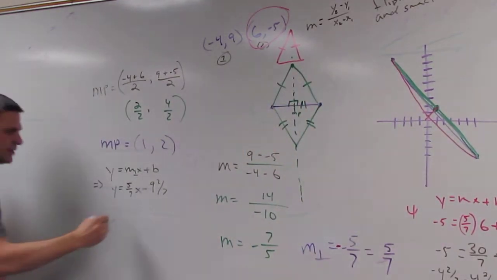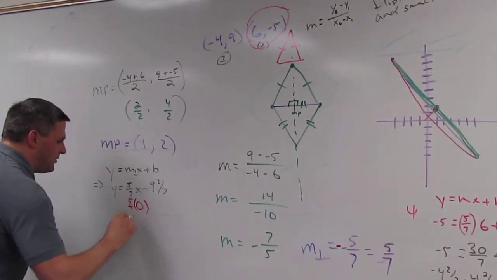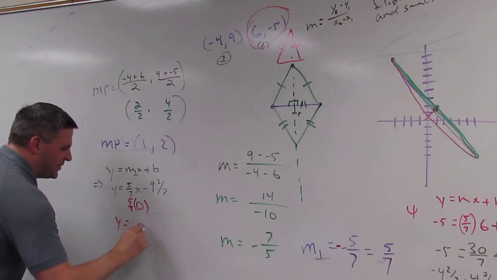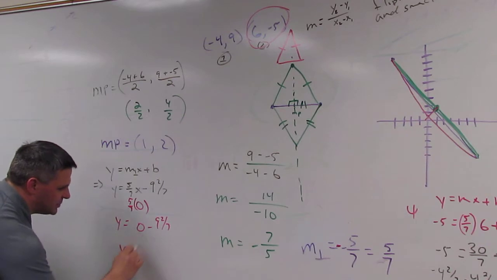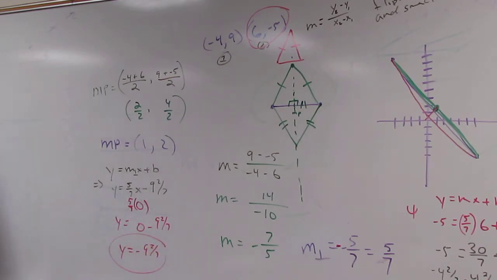So when x is 0, guess what? What's 5/7 of 0? 0. Minus 9 and 2/7 would be y is equal to minus 9 and 2/7. And that would be your point.